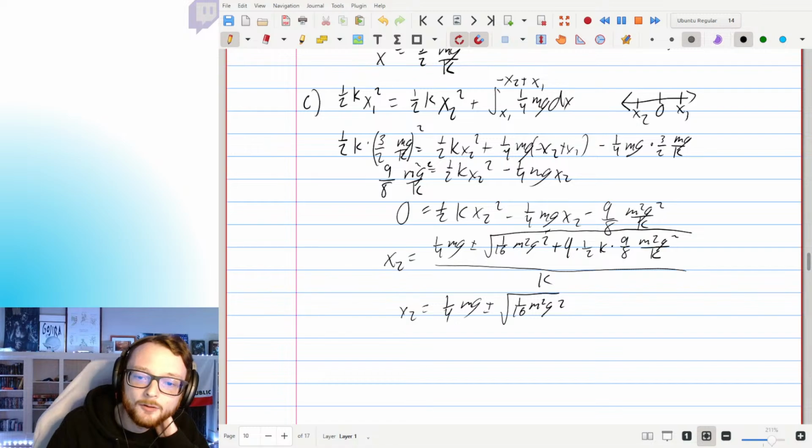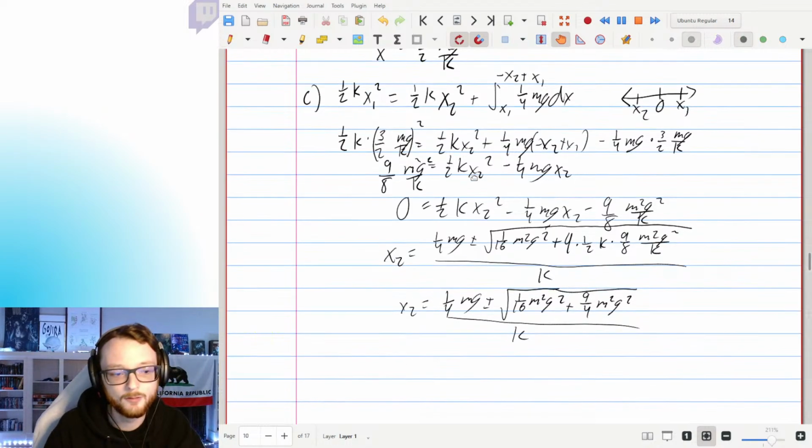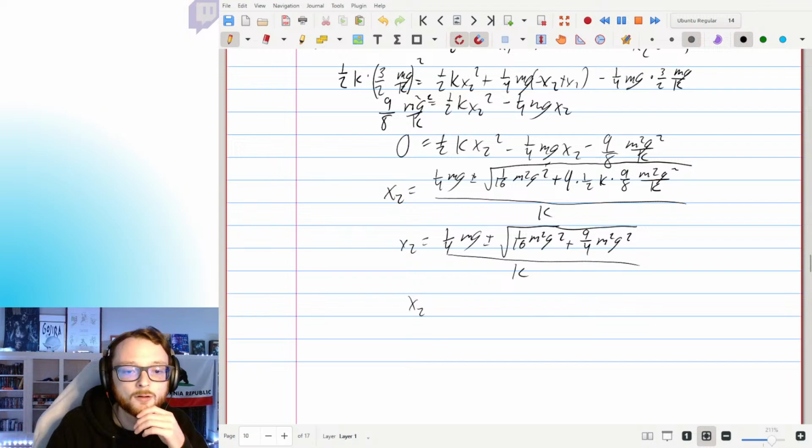The units are right. 9/4 m squared g squared. Hey, this will clean up. That's a good sign.